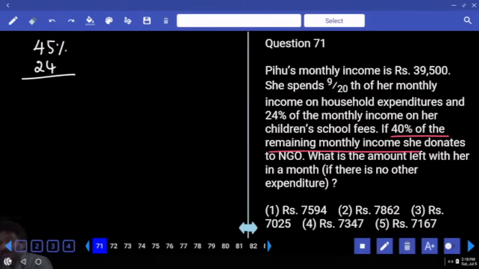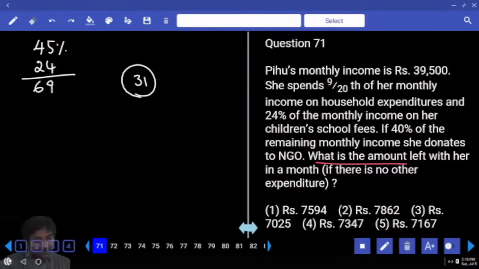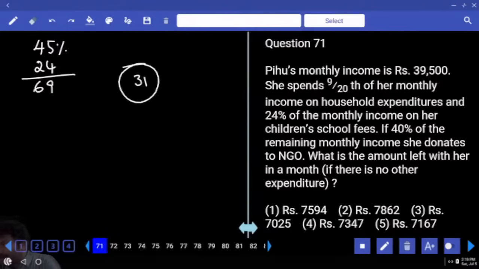So far, how much is left over? Out of 31, 40% she donates to an NGO. What is the amount left with her in a month? If 40% of the remaining is already given to NGO, what will be left?